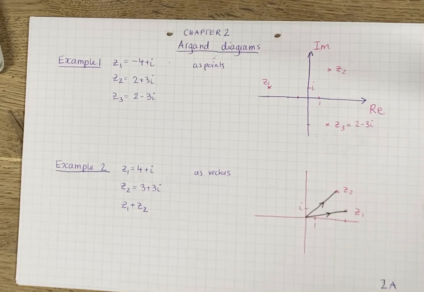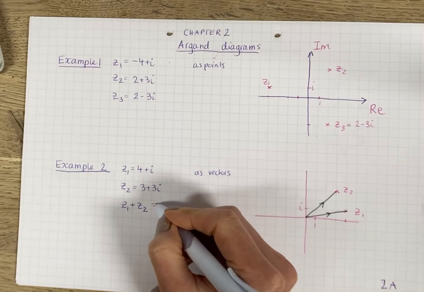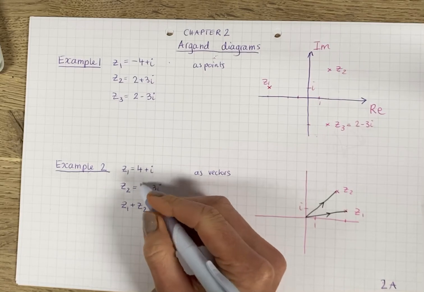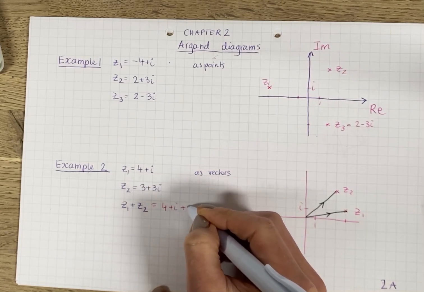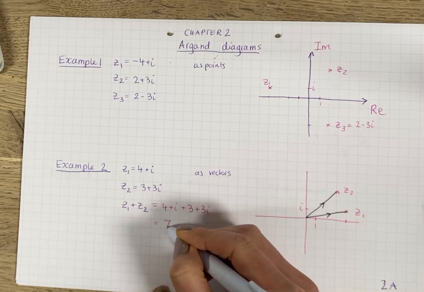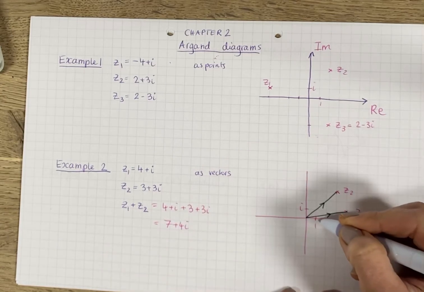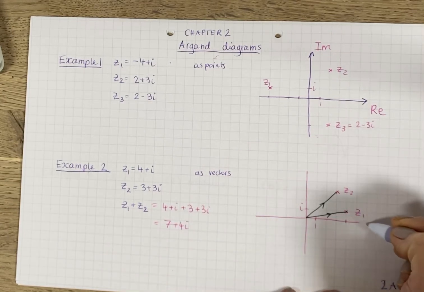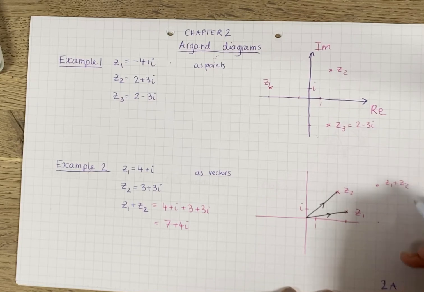And then you've got to find what Z1 plus Z2 is. So you can actually add them together. If you add 4 plus i and then add 3 plus 3i, you should be getting 7 plus 4i. So it's 7 across, and 4i up. So this is Z1 plus Z2.